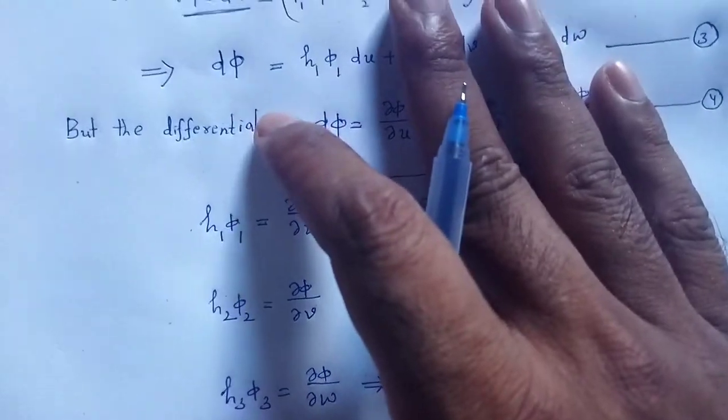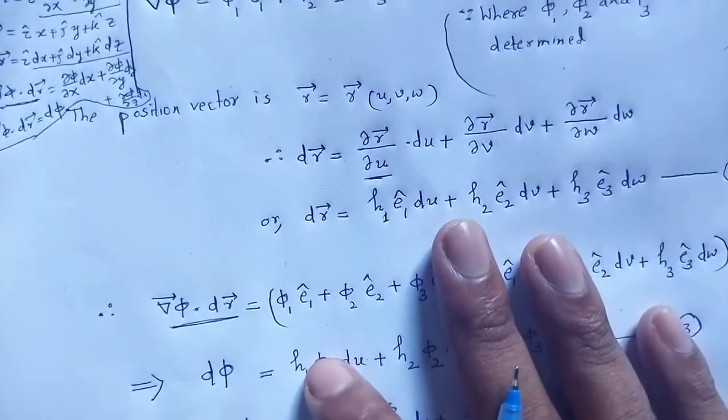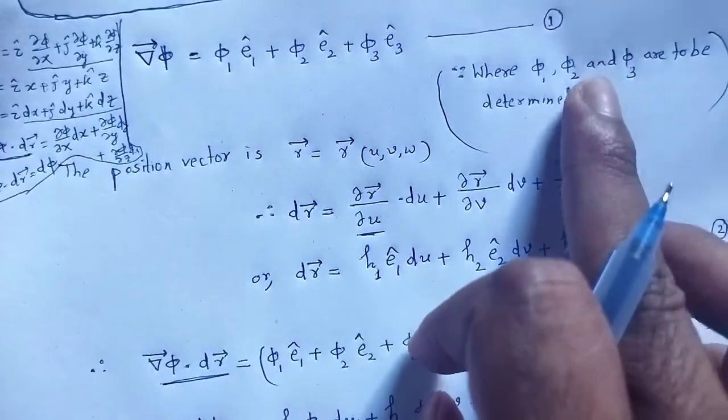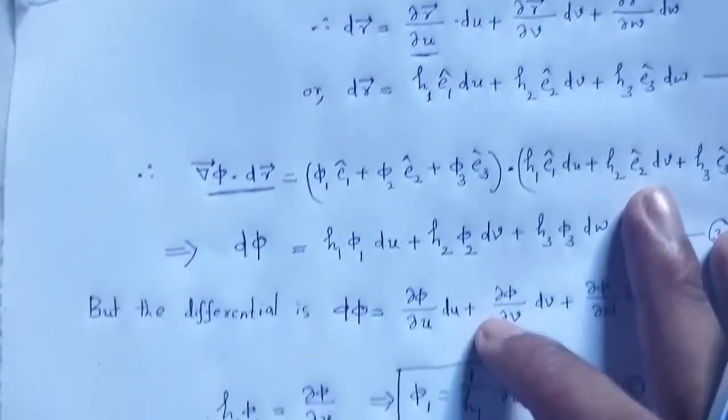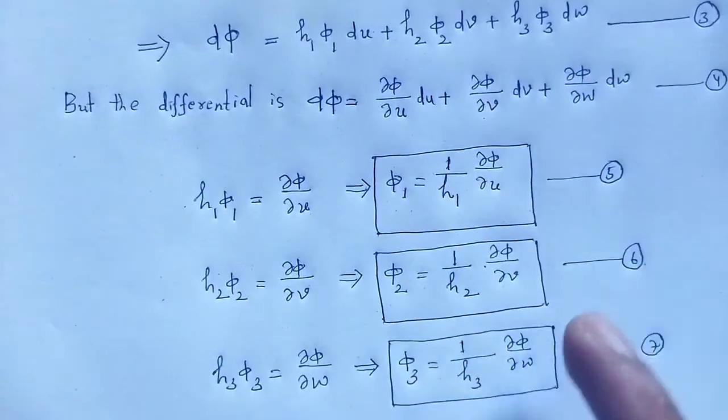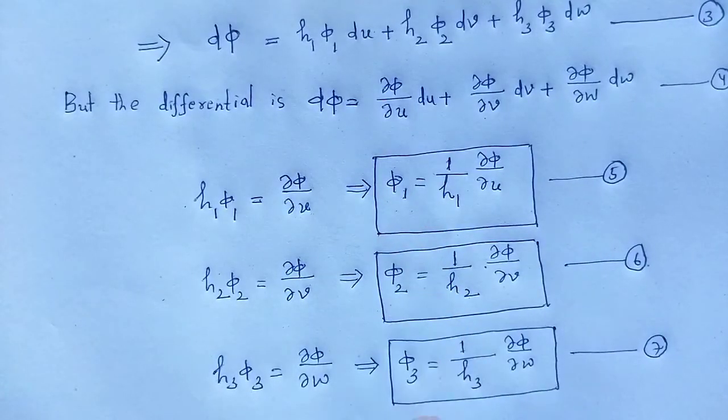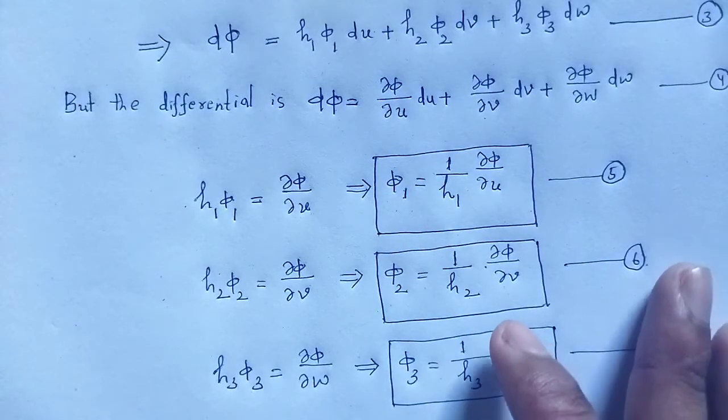So phi 1, phi 2 and phi 3 were to be determined, and now we have found their values.